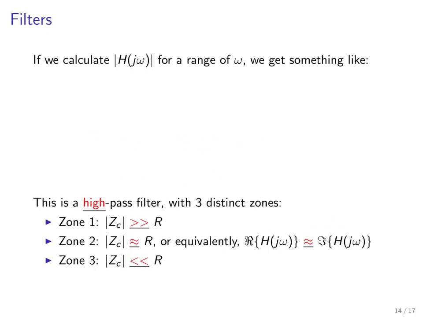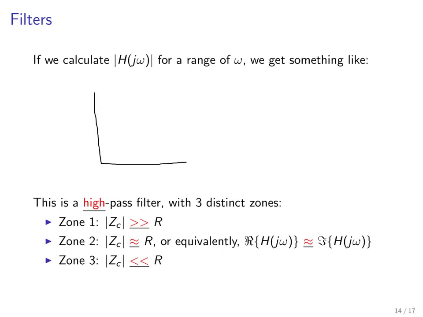Okay, and now if we were to plot the magnitude of H of j omega for a range of omega values, we would get something like the following. Note that here I'm doing a log-log plot.